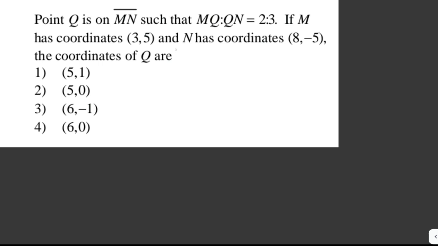Since we're given the ratio between segments MQ and QN, if Q is a point on segment MN, which is equal to 2:3, that means segment MQ is just 2/5 of MN, and QN is 3/5 of MN.